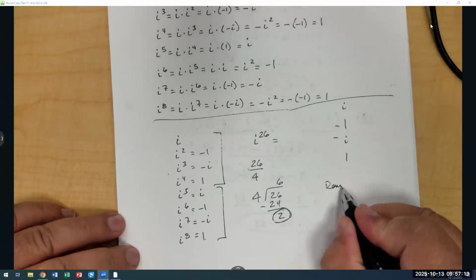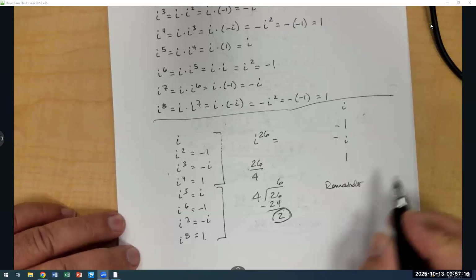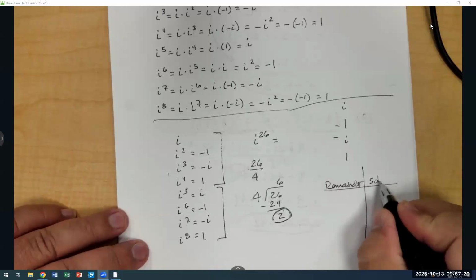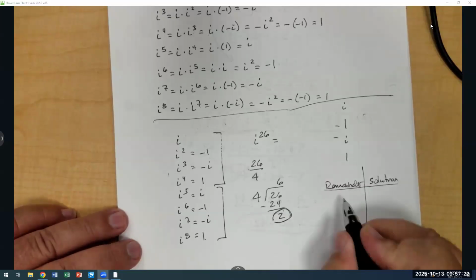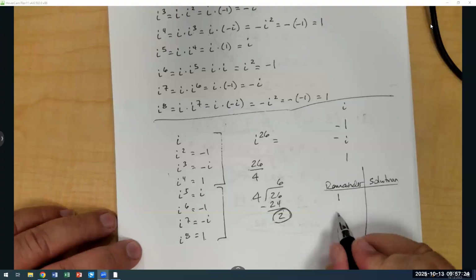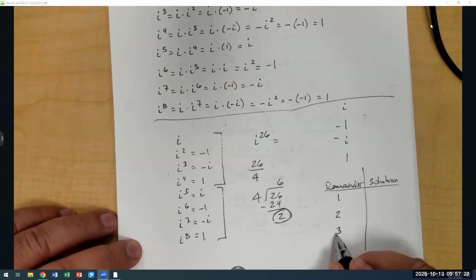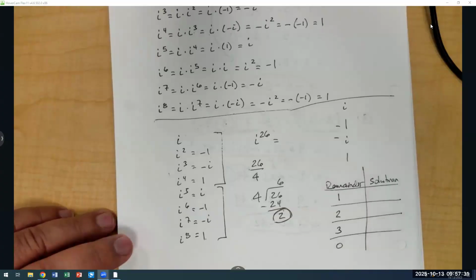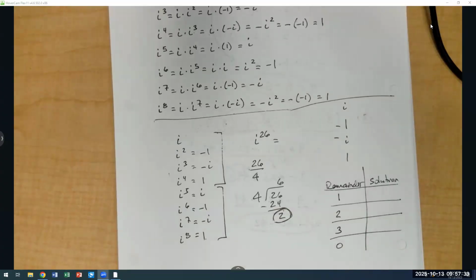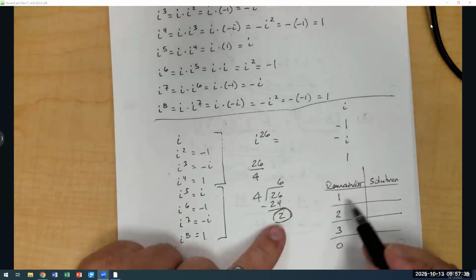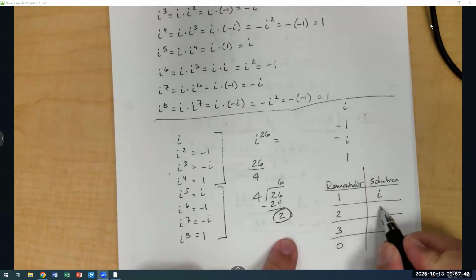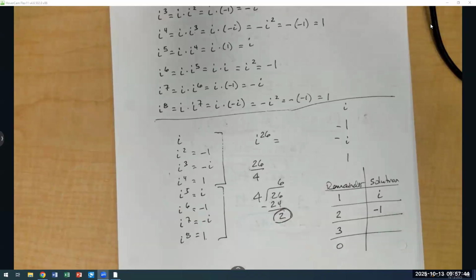If the remainder is 1, 2, 3, or 0, there's no remainder. If the remainder is 1, it becomes i. If the remainder is 2, it's -1.